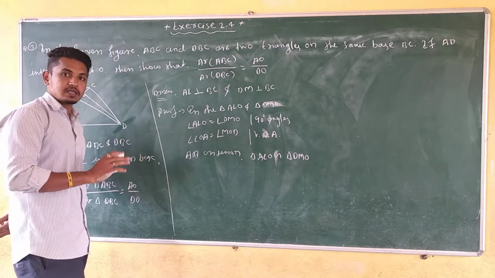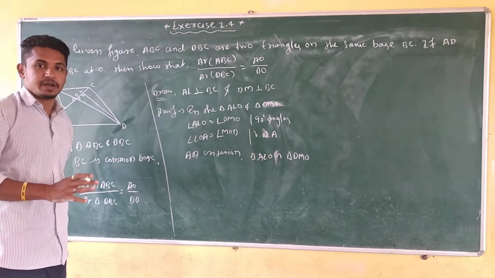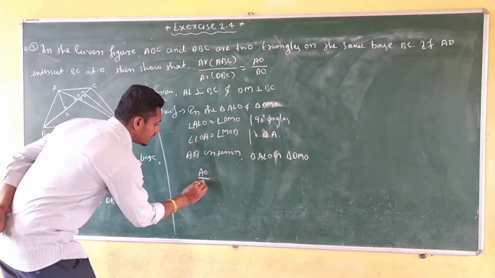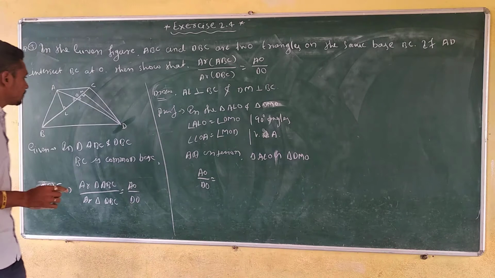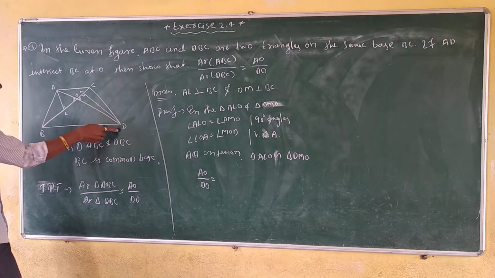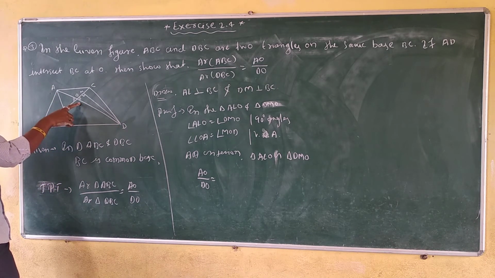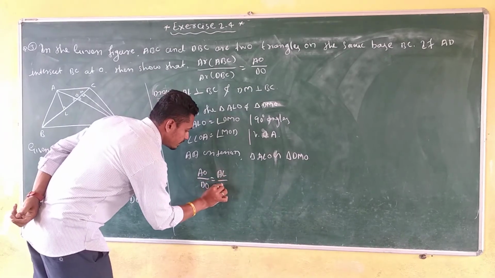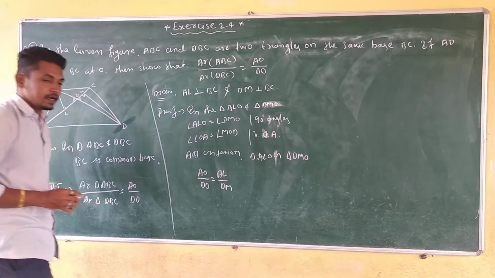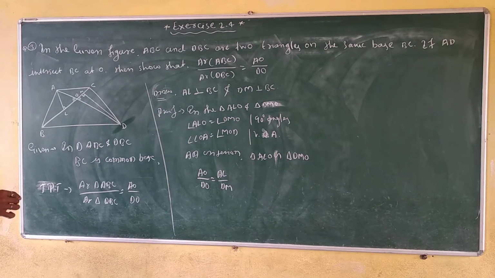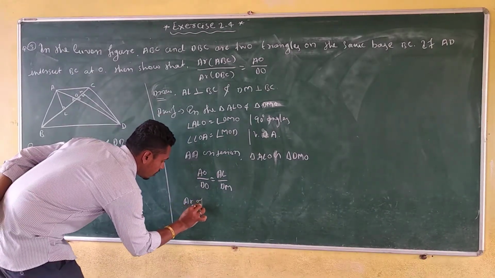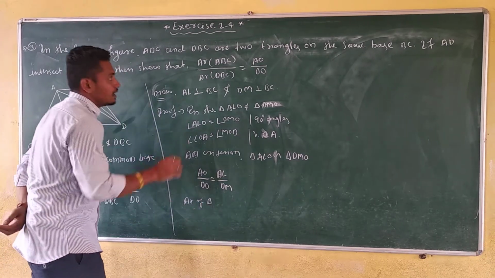At that time, their corresponding sides are in the same ratio. So AO divided by DO is equal to AL divided by DM.